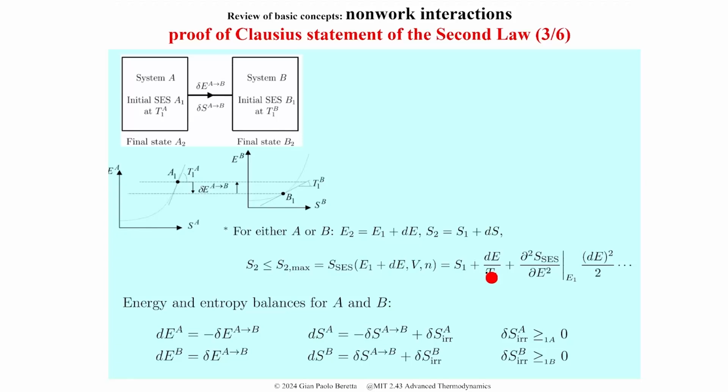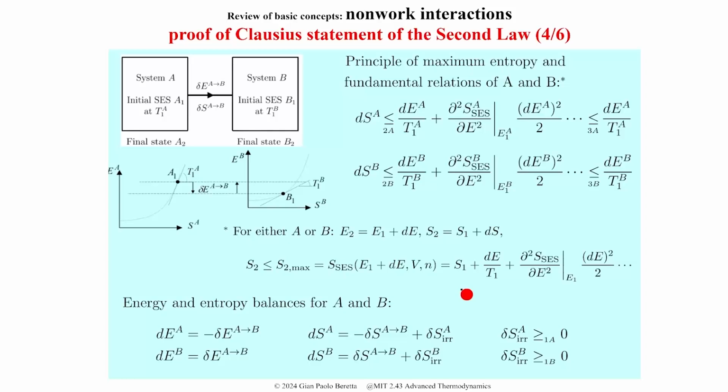It will have a linear term. And let's keep also the second order term, plus dots. So you see this expression, it's S2, S1, but S2 is S1 plus dS. So we can take the S1 on the left-hand side here, it becomes dS, and here's the rewriting.